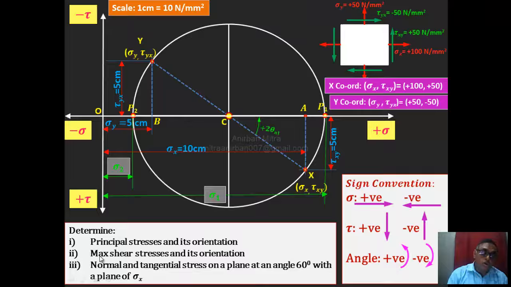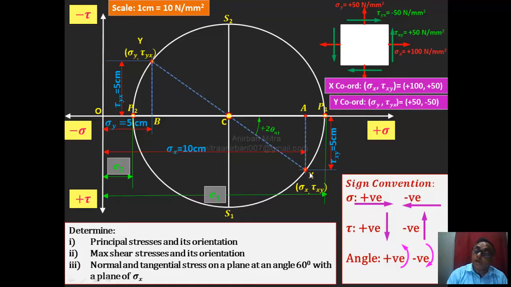Now go to the second part of that question: maximum shear stress and the orientation of its plane. To find the maximum shear stress, we mark two vertical points, one called S1 and the other called S2. Remember, normally you mark S1 in the quadrant where the x lies.